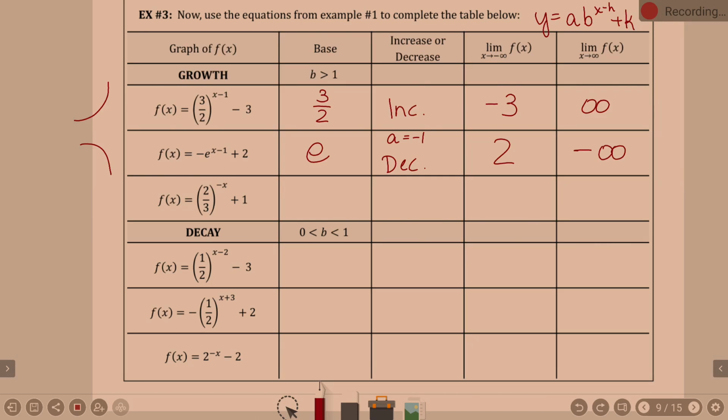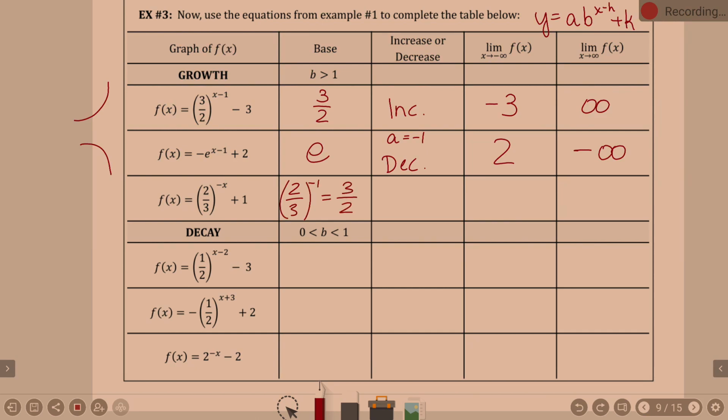Okay. And f of x equals 2/3 to negative x plus 1. What is our base? 3/2. Okay. It looks like 2/3, yes? But it's 2/3 to a negative, which does make it 3/2.